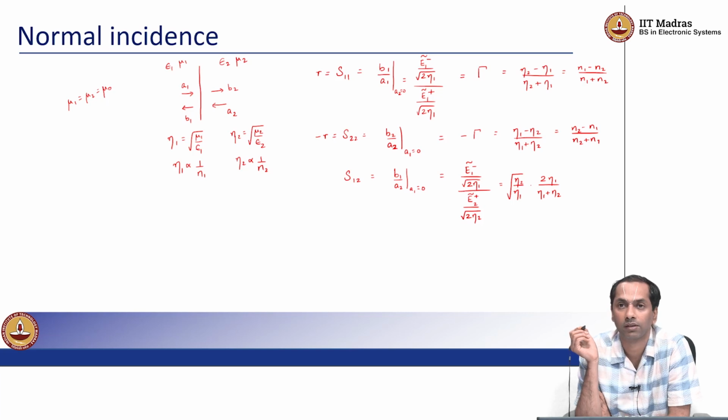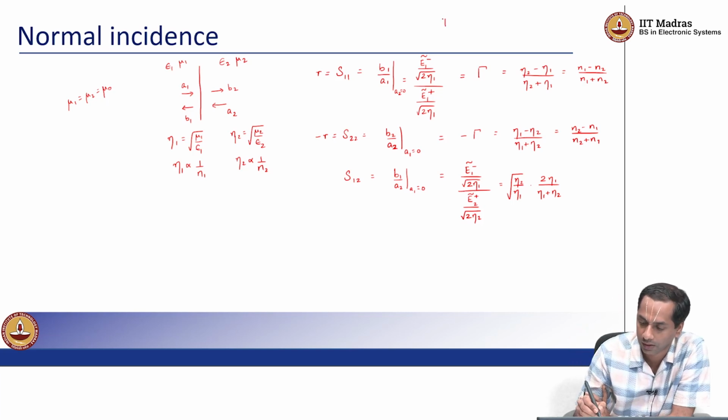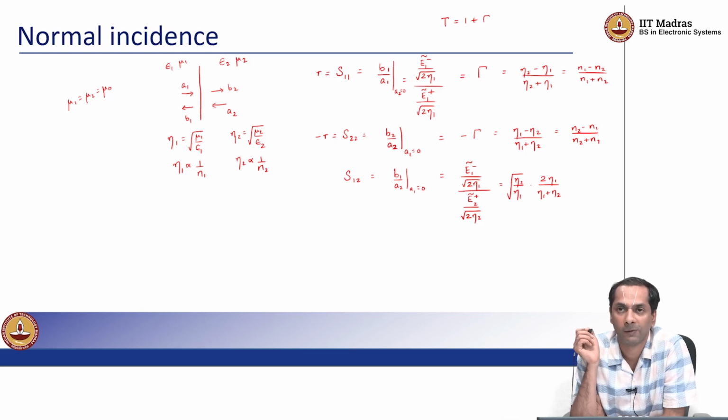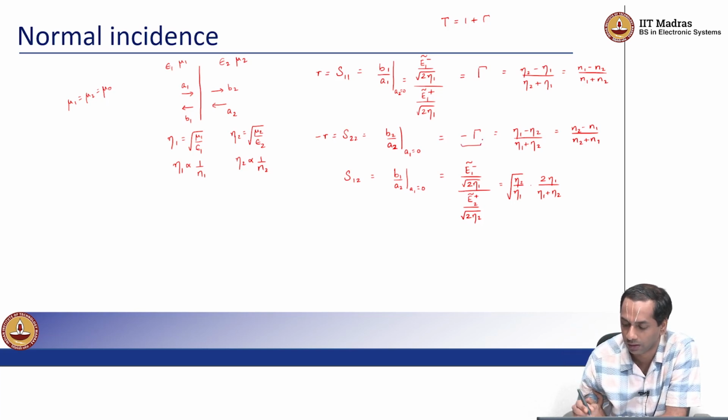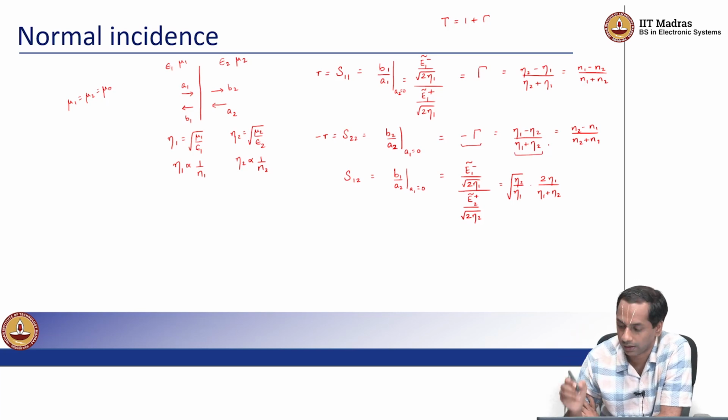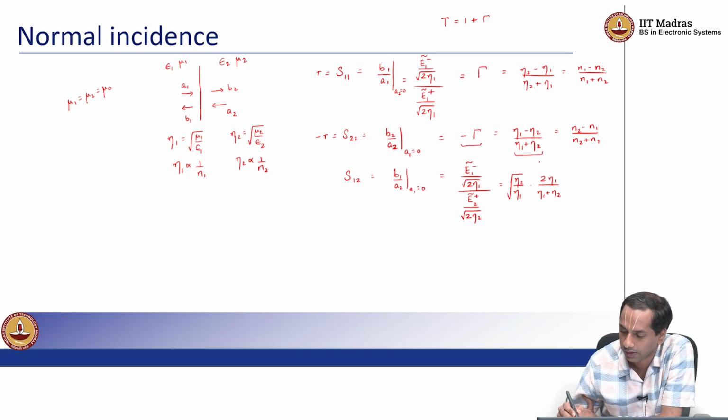Right, how did I get that? Remember that I am just using the relation. Whenever I want capital T, I just think of the relation 1 plus gamma. There's another relation also that we got from the boundary conditions, but this is one that one can elegantly remember, right? So going from medium 2 to 1, this was the reflection coefficient we got. So I just take this and add 1 to it, and that is what I plop here, right?